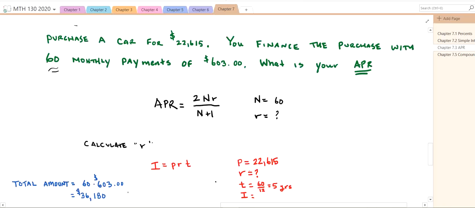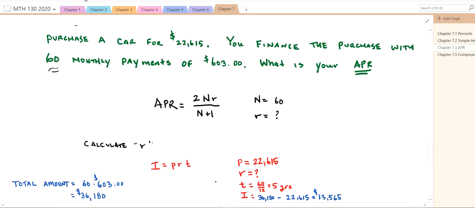So the difference between those two is the interest that we paid: $36,180 minus $22,615. And that happens to be $13,565. We'll end up paying $13,565 in interest.